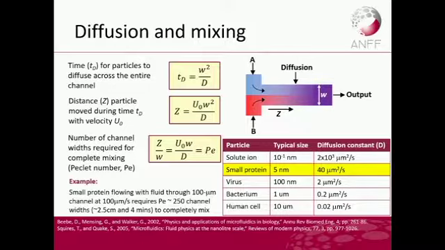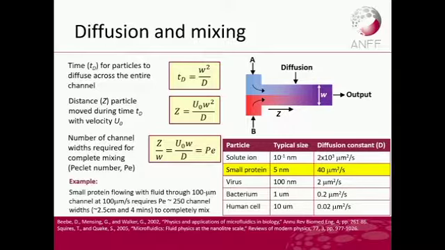So if we're looking at that small protein for a 100 micron channel width and a 100 micron per second velocity, you can then get a Peclet number of 250, which is like 250 channel widths in order for the complete mixing to occur.